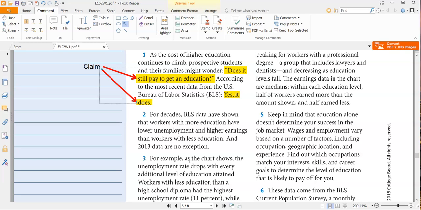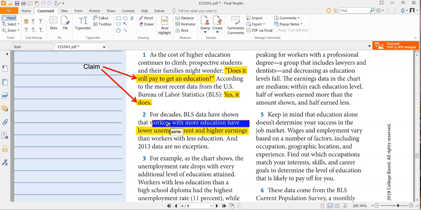So for decades, BLS data have shown that workers with more education have lower unemployment and higher earnings than workers with less education. And 2013 data are no exception. So that sounds like an important point. Workers with more education have lower unemployment and higher earnings than workers with less education.